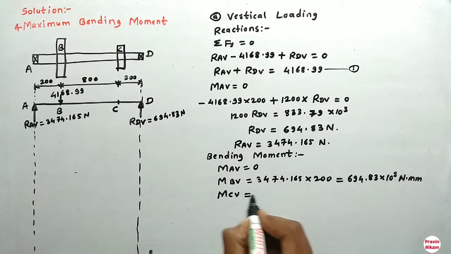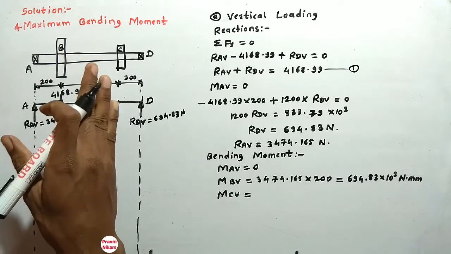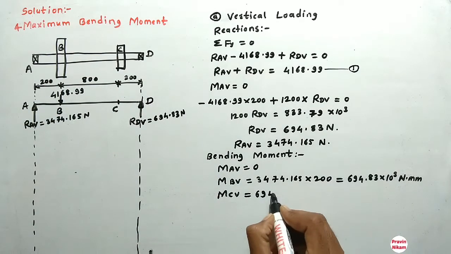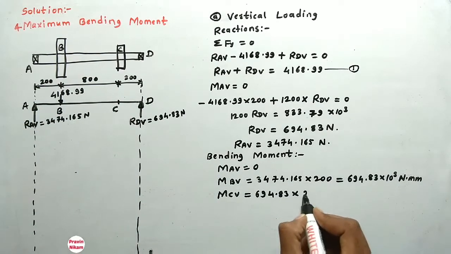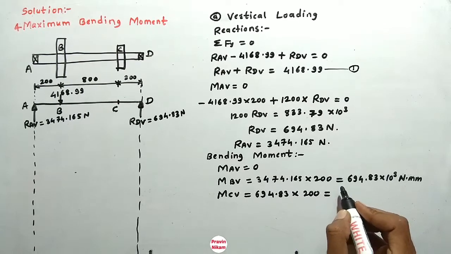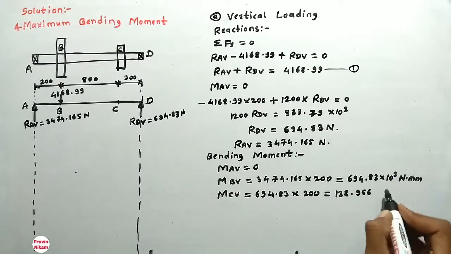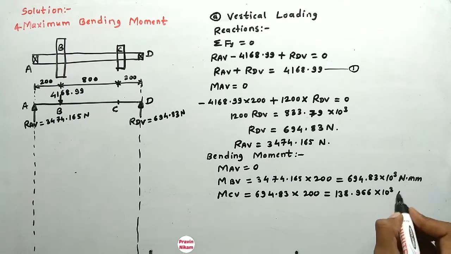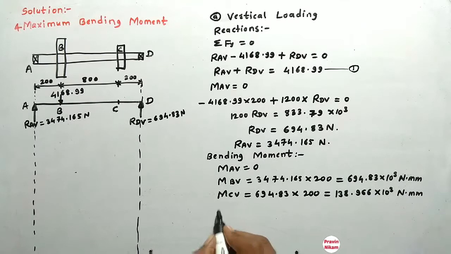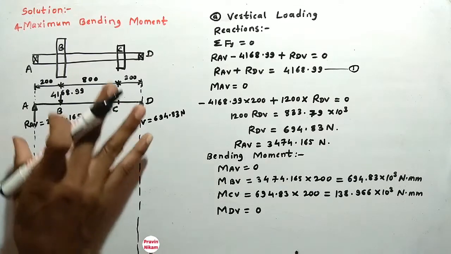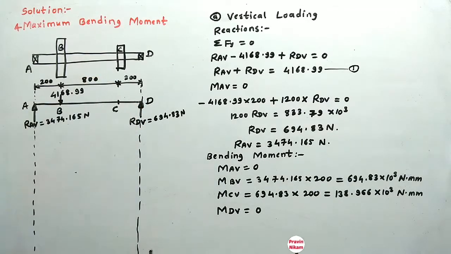Now MCV is RDV into distance 200. So RDV is 694.83 into distance 200. It becomes 138.966 into 10 raised to 3 Newton mm. And then MDV is equal to 0 because the moment at both ends in a simply supported beam is 0.